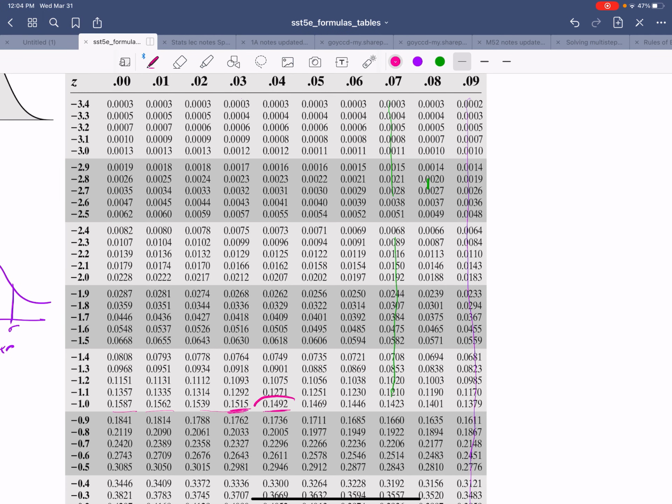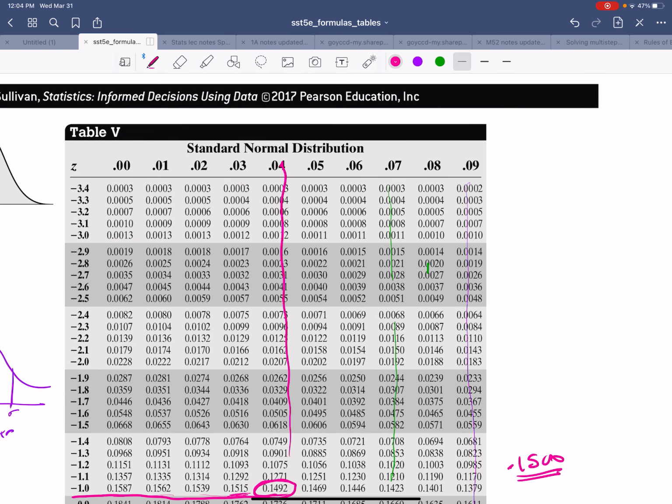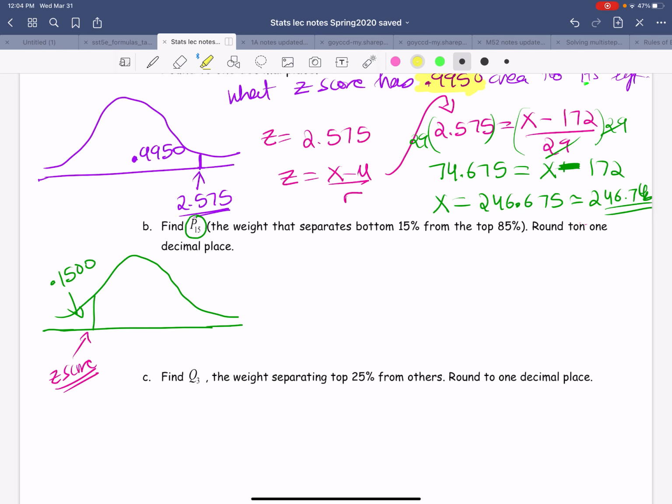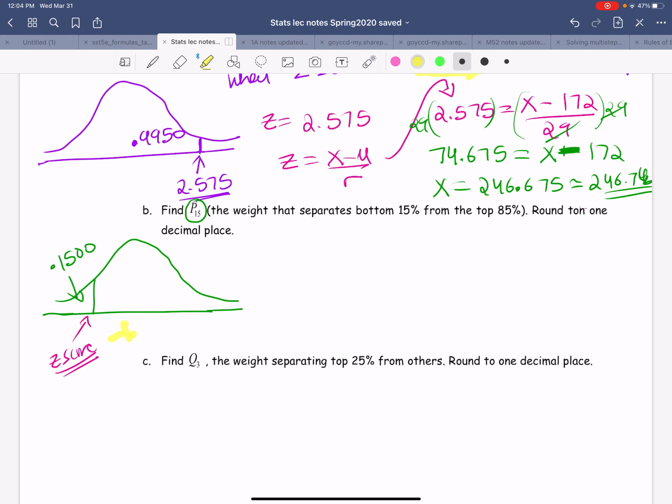Well, to me it looks like this one is closer to 0.1500. 0.1492 seems closer than 0.1515. So negative 1.04 is my z-score. Okay, negative 1.04 is my z-score in this case. Negative 1.04 is the z-score.